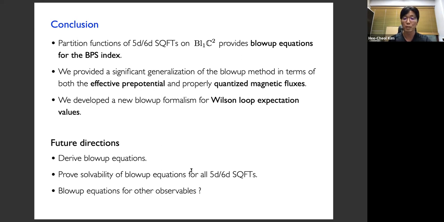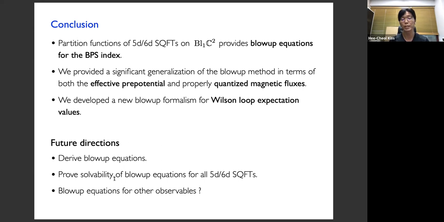I also said that our approach may be used for all 5D and 6D SQFTs. I also explained how to apply this formalism to arbitrary 5D and 6D QFTs, but it doesn't guarantee the solvability of the blowup equations. So proving the solvability would be another interesting future project.